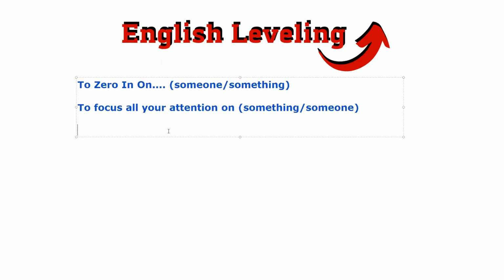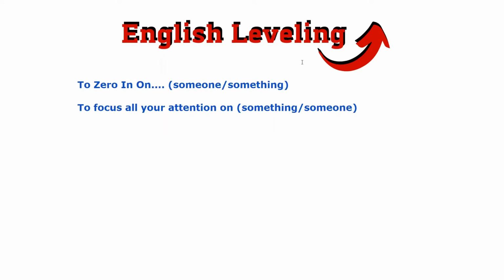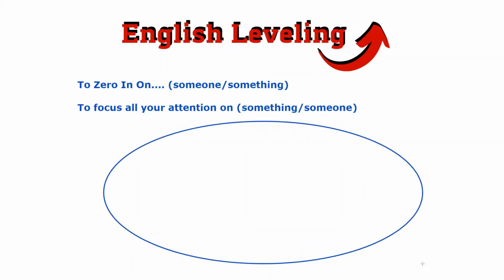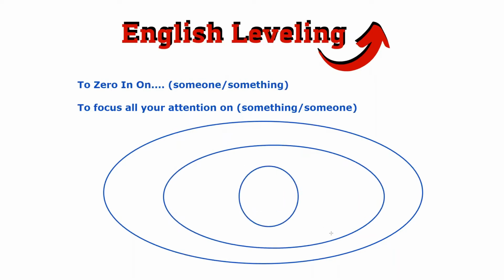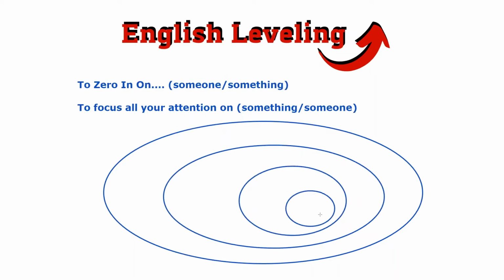You're going to get closer, closer, and closer. So let me just draw you a little picture here. Let's say that the whole situation is like this. And then you're going to zero in on something. You're going to get closer until you're exactly focused on that one thing that you need to focus on.